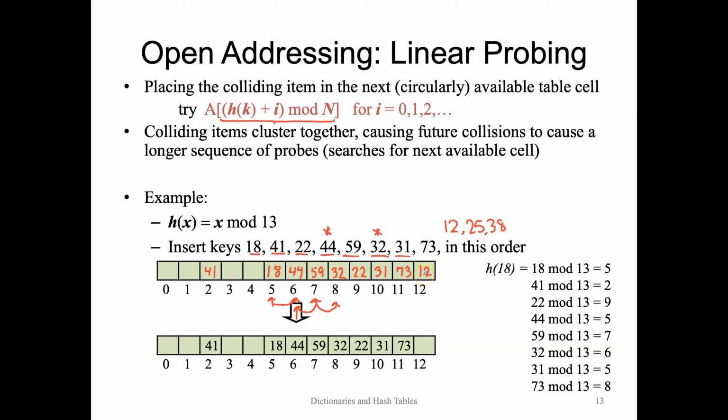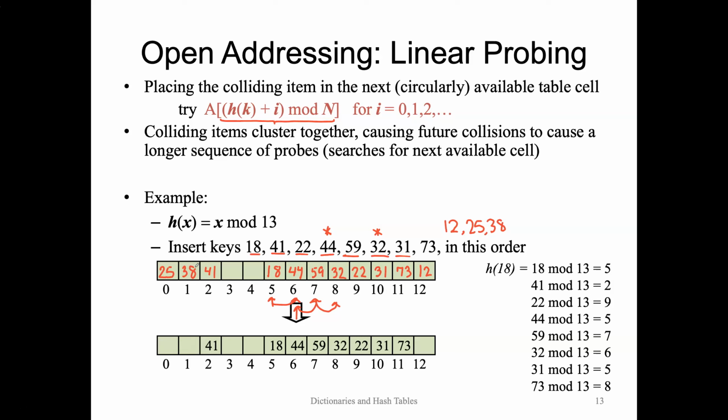So we're going to try at the next index, but don't forget we're taking all of this mod n, which means we try at index 13, but 13 mod n will give us 0. So we just wrap around the array. So we'll put 25 here, and same thing, 38 mod 13 gives us 12, so we would try to insert 38 at index 12. This is occupied, so we move to index 0. This is also occupied, we move to index 1. So we finally insert 38 here.